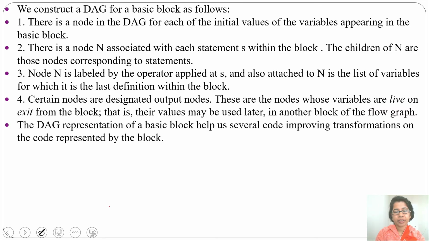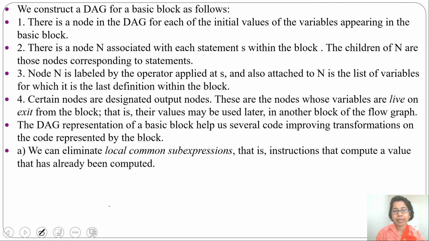The DAG representation of a basic block helps with several code improving transformations on the code representation of the basic block. We can do code optimization with the help of DAG. We can eliminate local common subexpressions. What is a local common subexpression? An instruction that computes a value that has already been computed.